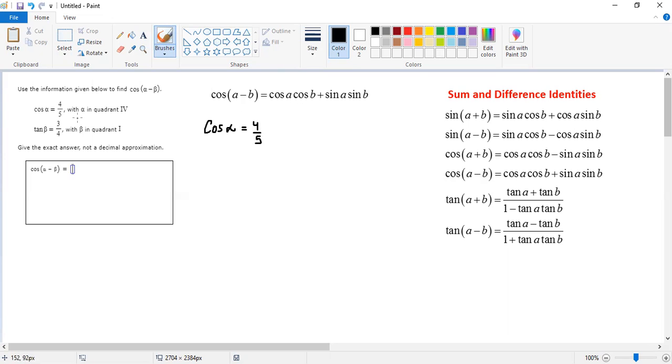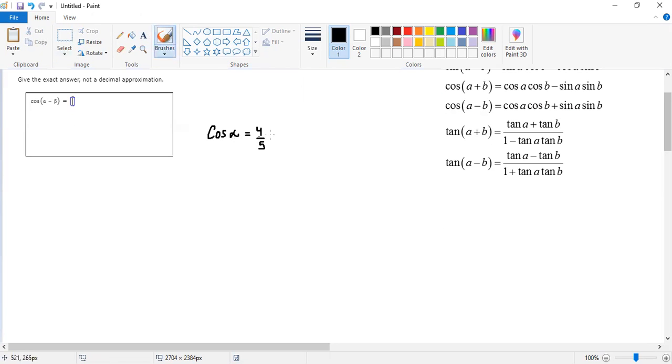And let me actually move this down a little bit. It is 4 over 5, and it's in the fourth quadrant. So we're looking at a unit circle here, and we're really looking for a cosine of some angle which is equal to 4 over 5 in the fourth quadrant.